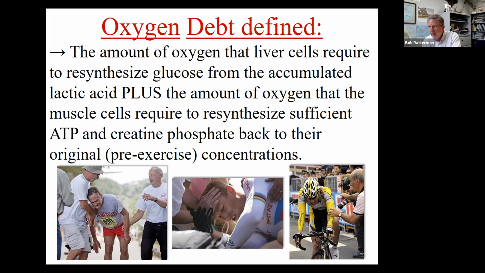So it's like 1/17, 1/16 as efficient. Okay. And at that point in time, when your cells go anaerobic, by your cells, I'm talking primarily muscle here, then the body begins to build up what's called an oxygen debt. And that's what Freya was kind of getting at when she asked that question.